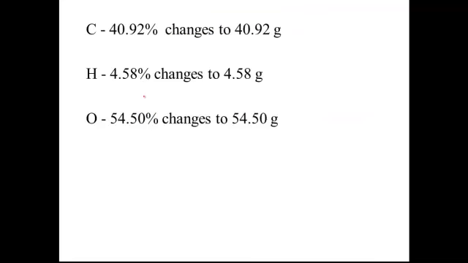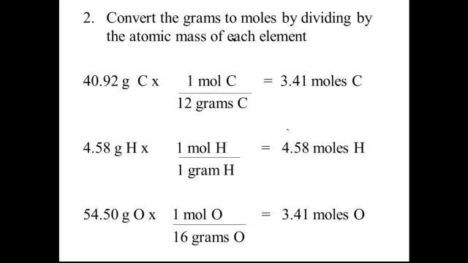So you take your 40.92% and make it 40.92 grams, take your 4.58%, change it to 4.58 grams, and likewise for oxygen: instead of writing a percent, you write grams.